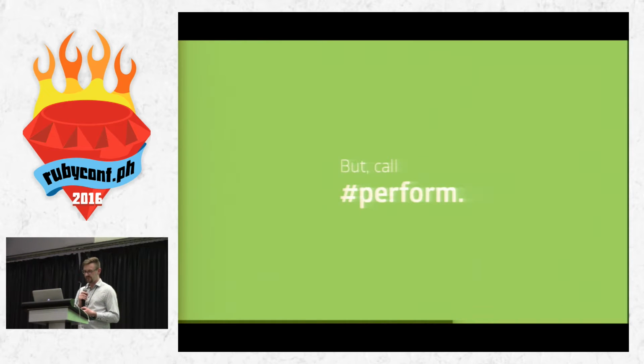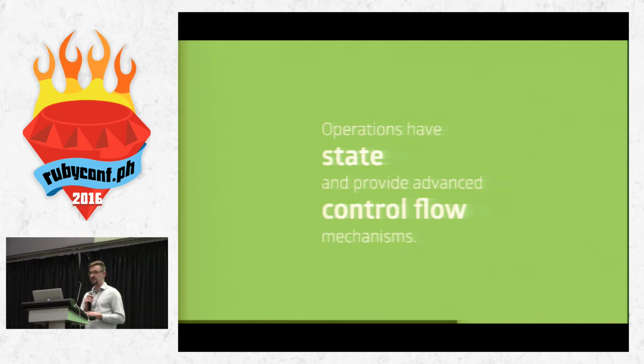And the reason for that is that operations provide certain state and control flow mechanisms, which is handled in the perform method, that is sort of wrapped around your definition of your algorithmic core in the execute method. In fact, execute is automatically protected, so you can't even call it on an instance.